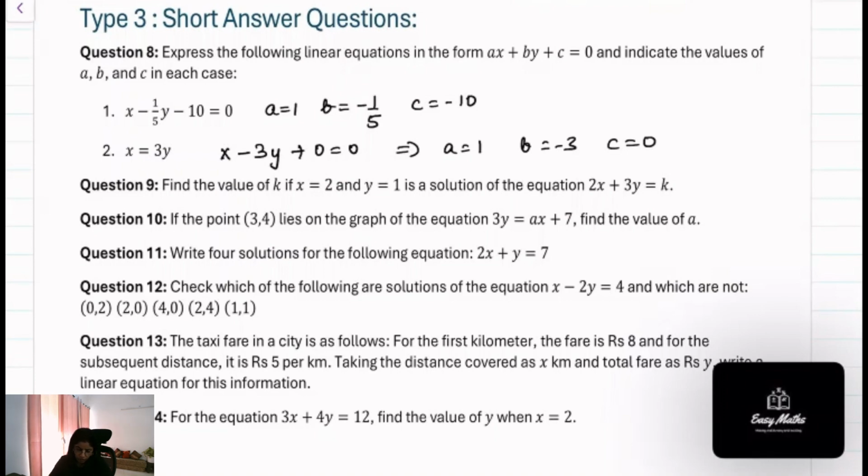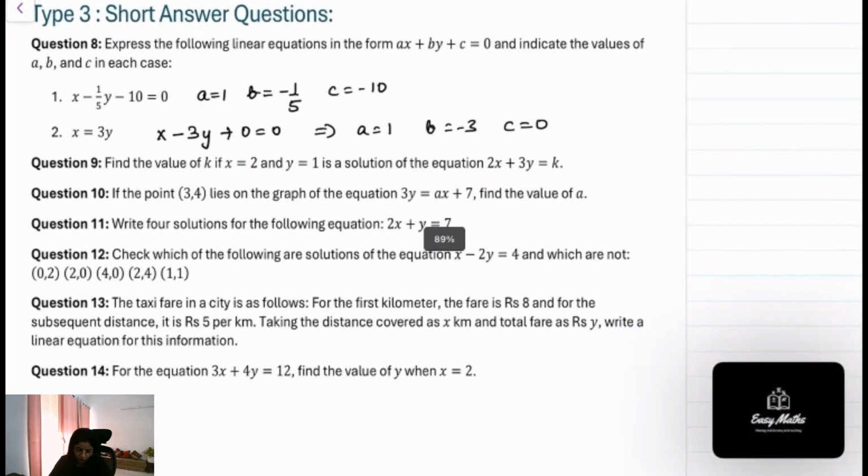Moving on to the ninth question. For what value of k is x is equal to 2 and y is equal to 1 a solution of the equation 2x plus 3y is equal to k?